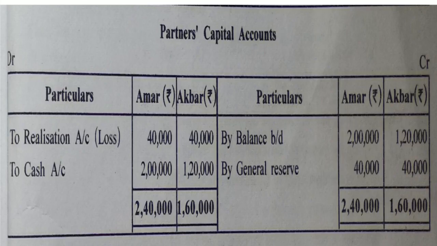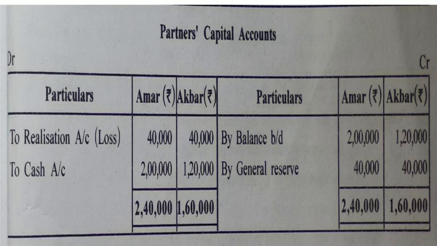The next account that we are supposed to prepare is partners' capital accounts. Now again, this is not a new account. We have been preparing it well in the chapter of admission as well as in the chapter of retirement.